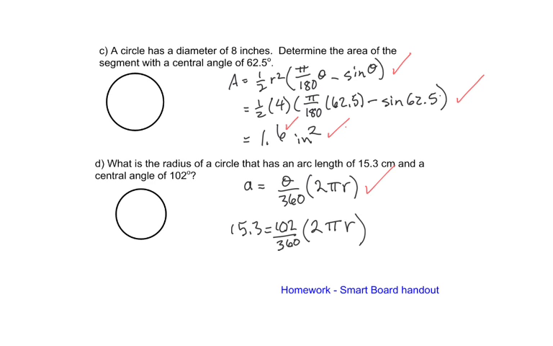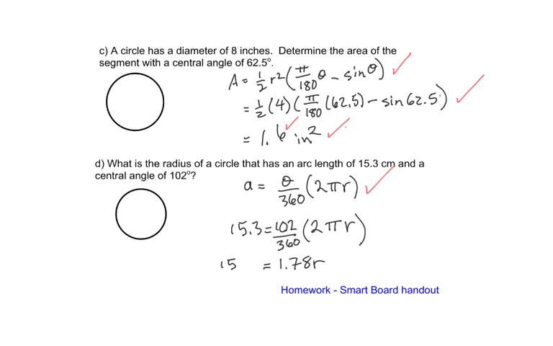Now, seeing as we have 102 over 360 and 2 pi r, it's all combined by multiplication. So what we can do is take 102 divided by 360 and multiply by 2 and times it by pi, and we will get what all of this is equal to. When I punch it into my calculator, we find that this is equal to 1.78, and what we have left is r on the right side.